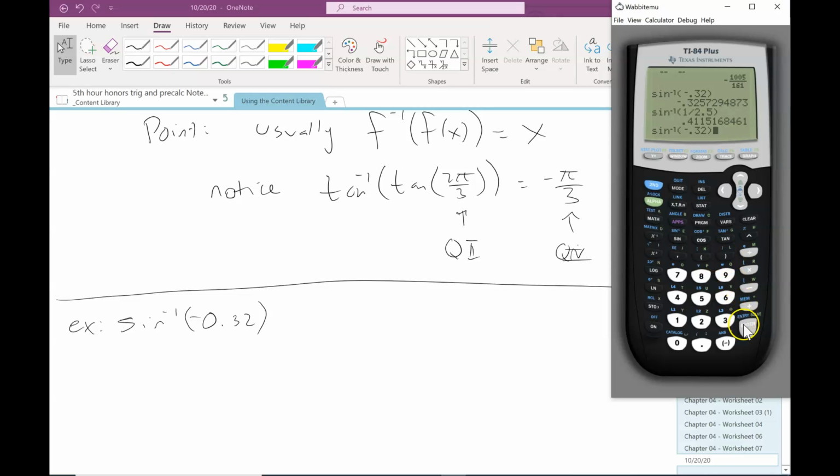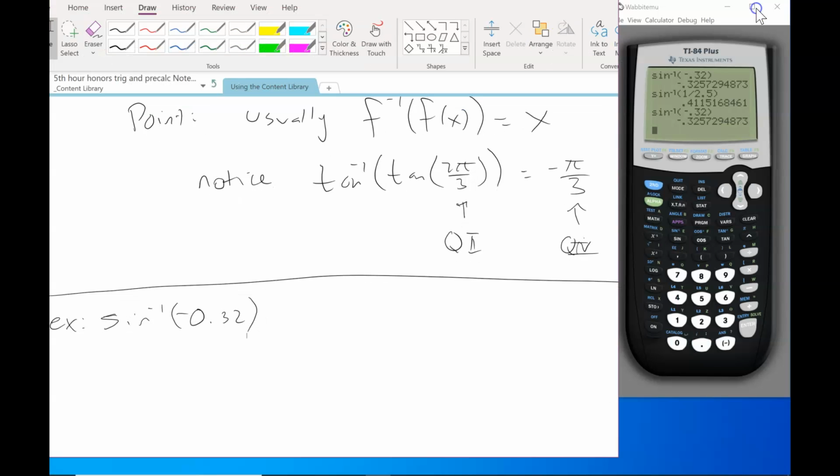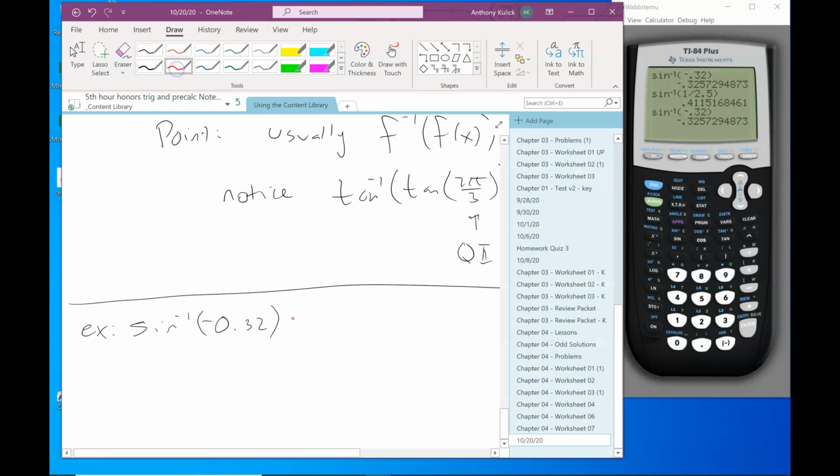You could have had it in degrees and given a degree answer. I guess it wouldn't have been wrong. But this is an unfortunate example by choice on my part. Just look at what the answer is. It's almost the exact same as the input. That's not usually what happens. Just kind of keep that in mind. That's just an unfortunate coincidence in this instance.